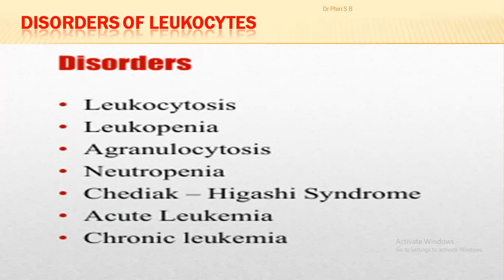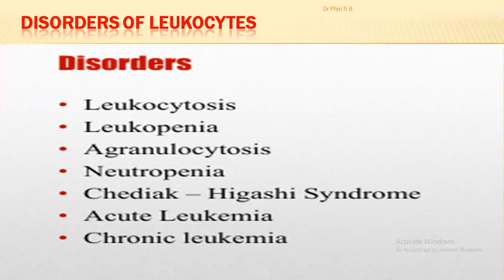That will result in immune deficiency with increased susceptibility to infections. Why? There is immune deficiency in Chediak-Higashi syndrome, meaning that you have a lower white blood cell function, and that will predispose these children to infections.